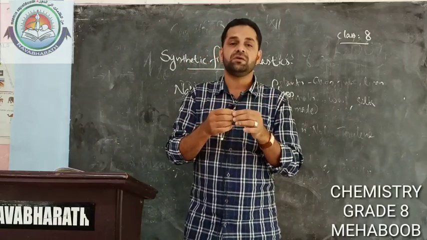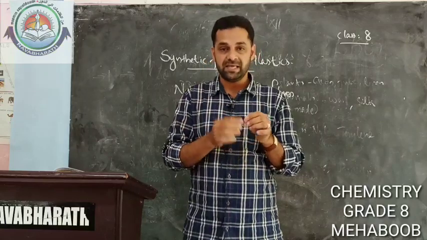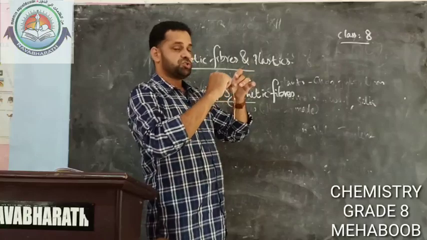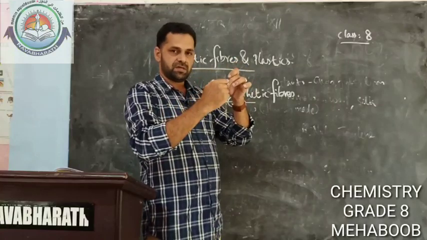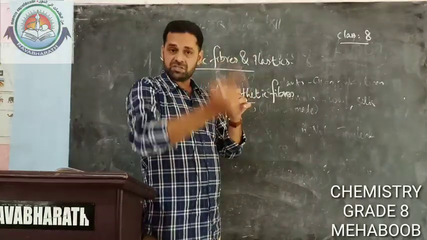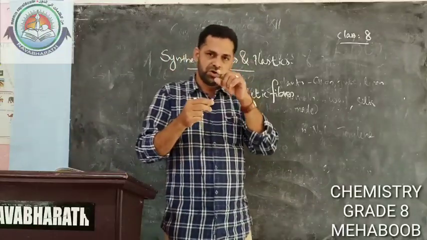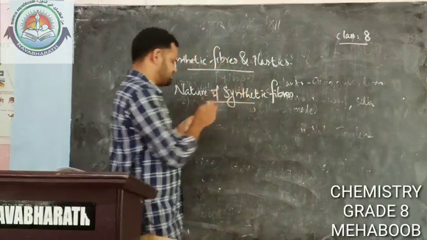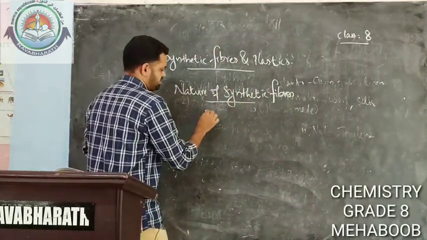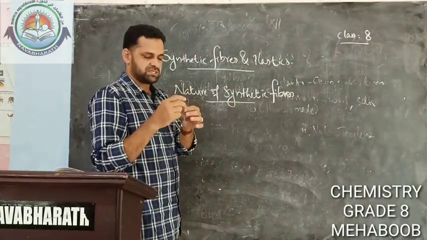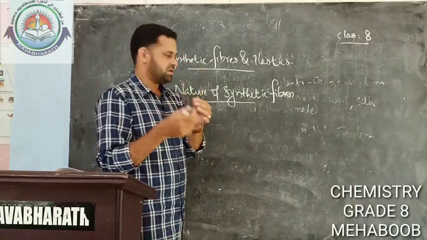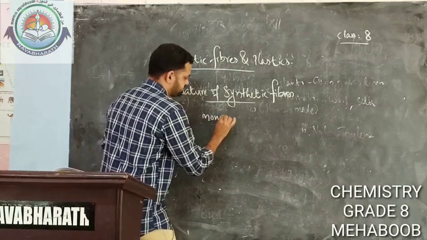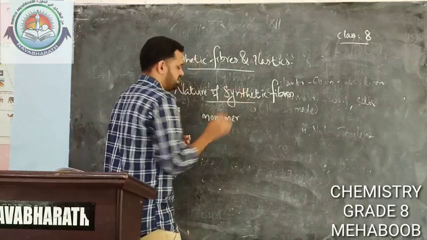Each safety pin is a smaller unit, and if we join all the safety pins, it makes a large unit. So there is a small unit and a large unit. This smaller unit, each safety pin, is called a monomer.